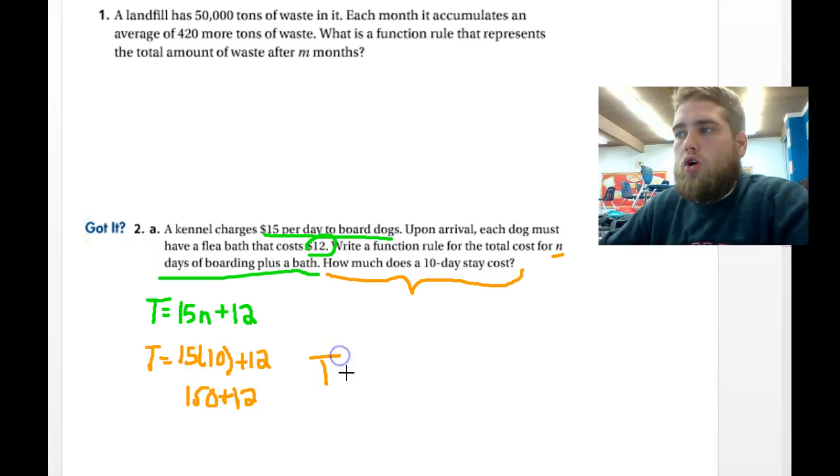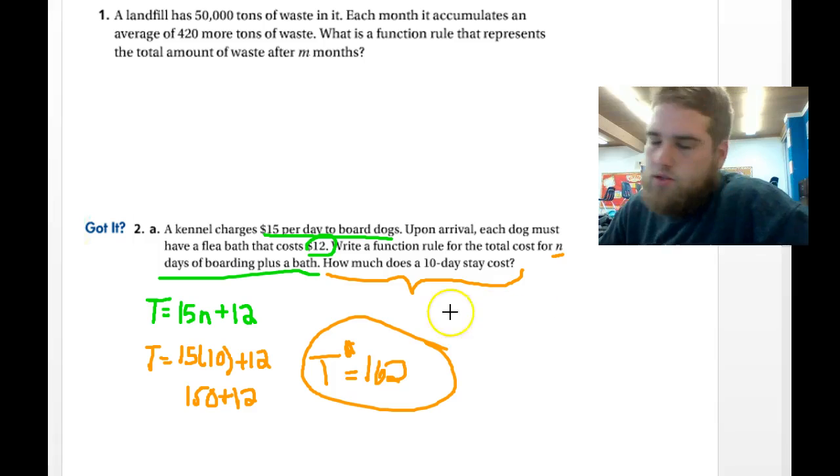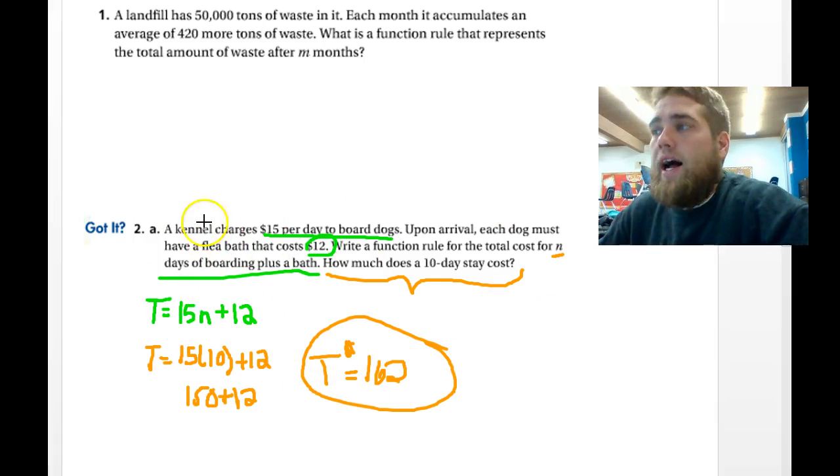So your total cost for a 10-day stay would be $162. Once again, all we're doing is reading the problem, highlighting the important information, and then writing your equation.